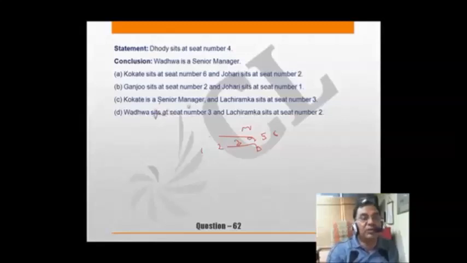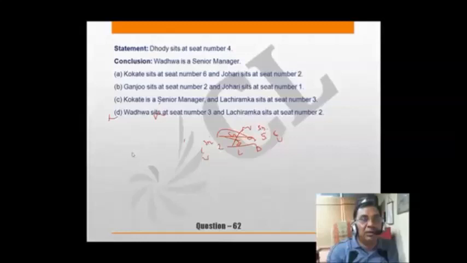This condition is useless. Kokate is a senior manager and Lachi Ramika sits at seat number 3. Fine. So Vadhva can come here or here. Senior manager, senior manager. Vadhva being a senior manager is not sure, but I can keep Vadhva here, so it is sure. So this also goes away.